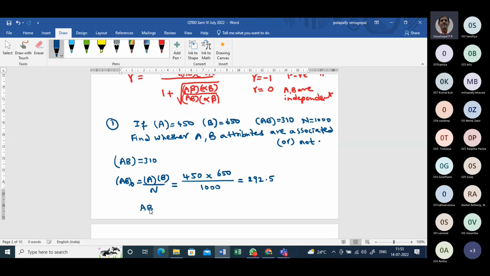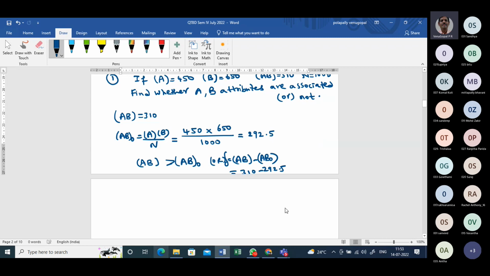So your AB is greater than your AB naught. Delta is equal to AB minus AB naught, so 310 minus 292.5 is equal to how much? 17.5.